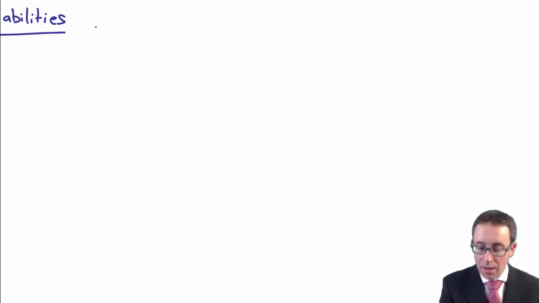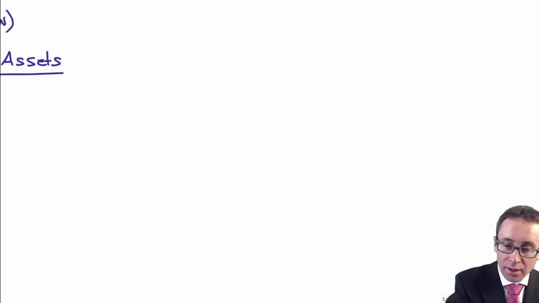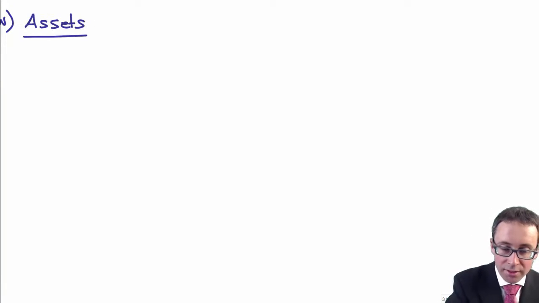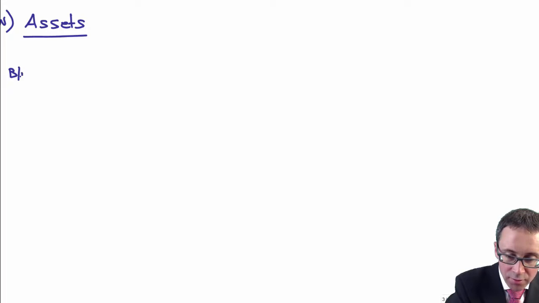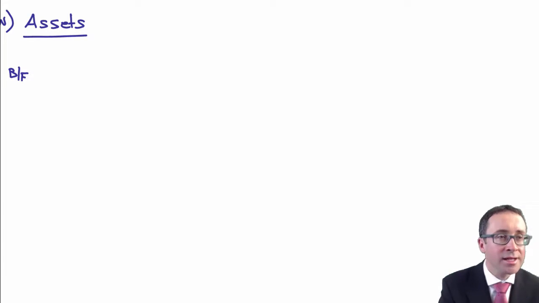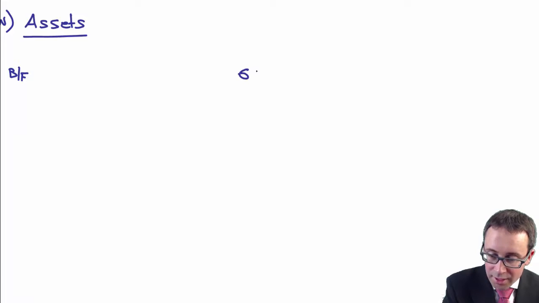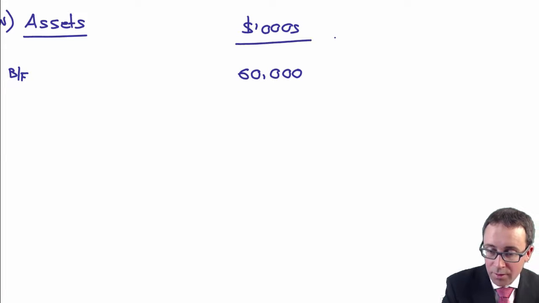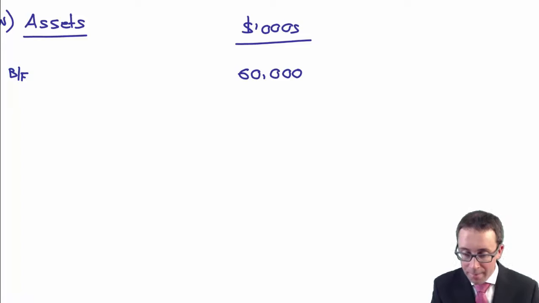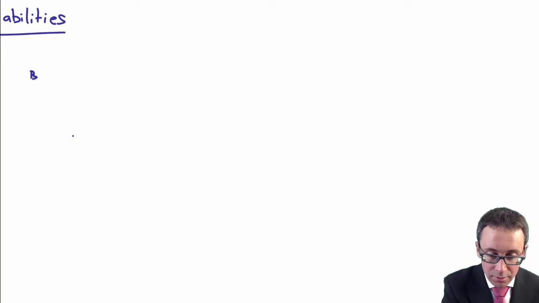I'll move the assets up a bit to give me some space. We start off with the brought forward opening assets, which were 60 million. Again, we'll work in round thousands. And the opening liability was the 64 million.